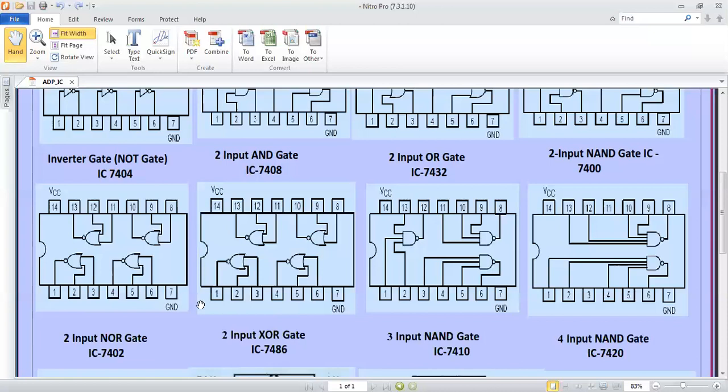Now next, that is XOR gate IC. XOR gate IC, same way the construction of XOR gate is same like the NOR gate IC.